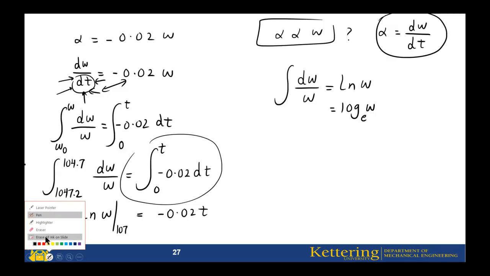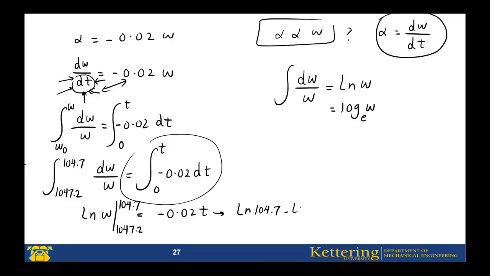Now, this is the natural logarithm of omega from 1047.2 to 104.7. If I do this, it is the natural logarithm of 104.7 minus the natural logarithm of 1047.2, equal to minus 0.02 t.